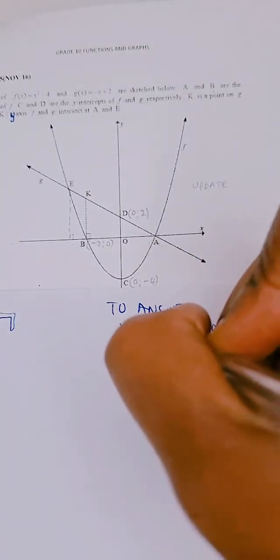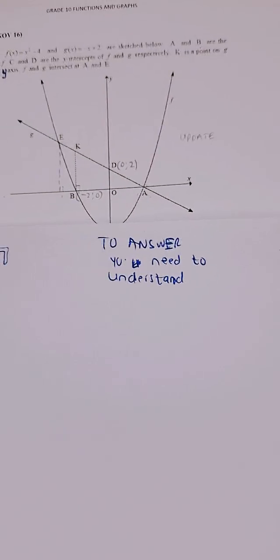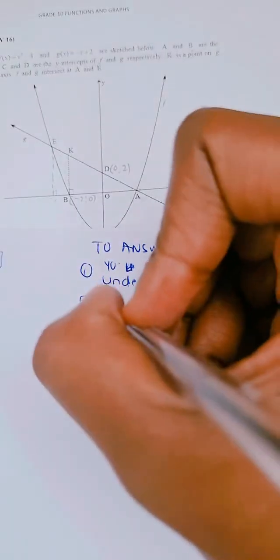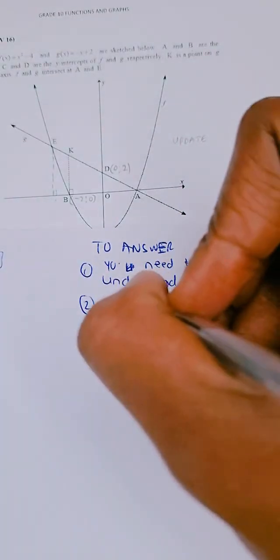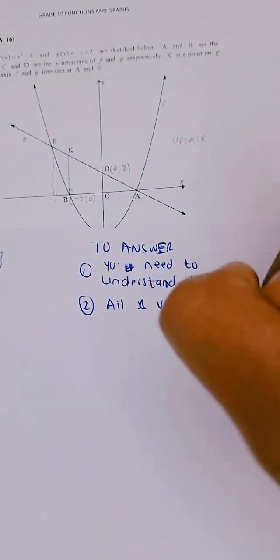The question wants you to identify where f is below g. Second, all x values have to be known.